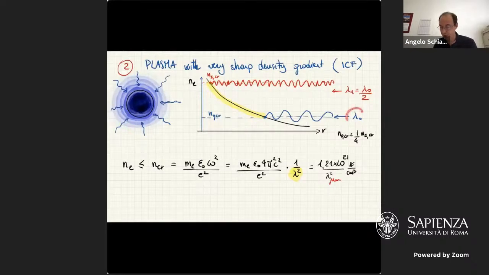So lambda 0 is stopped much farther out in the corona, let's say for instance here, whereas lambda 1 can reach much deeper inside the plasma.